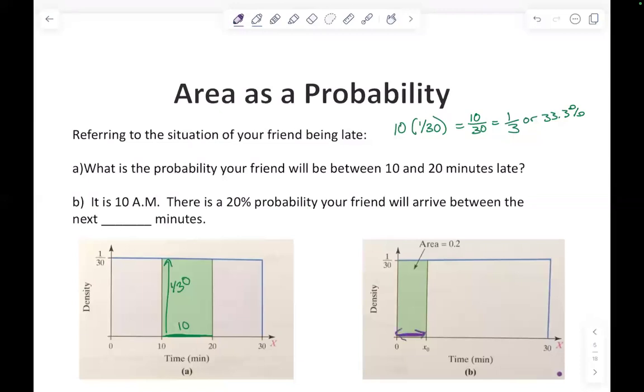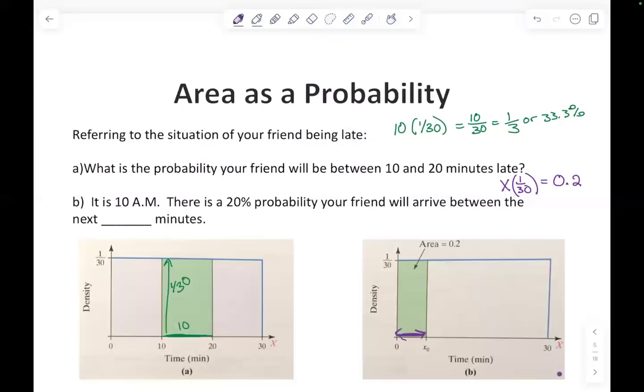But the area of a rectangle is width times height, or length times height. So I'm just going to use an x. So x times 1/30th is going to equal 0.2, because the 0.2 is the 20% chance of being late.